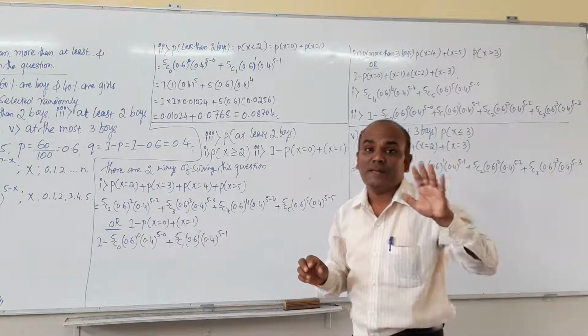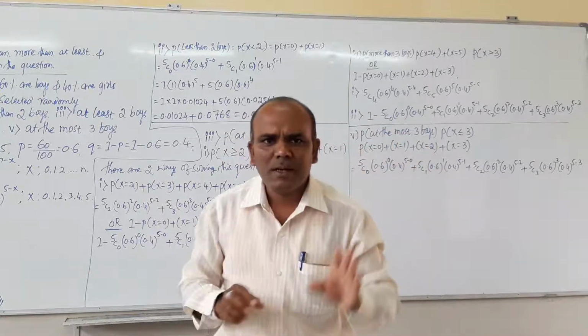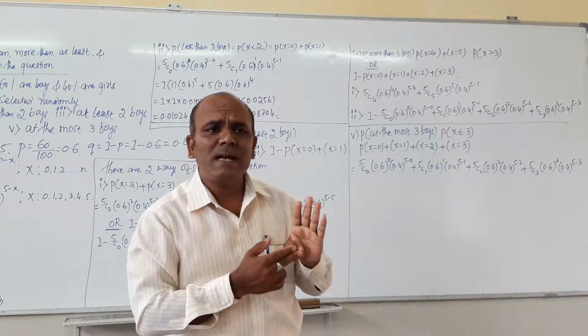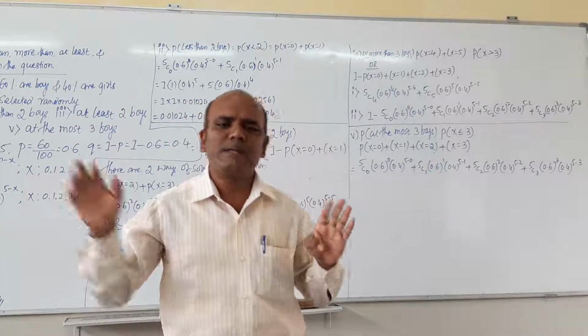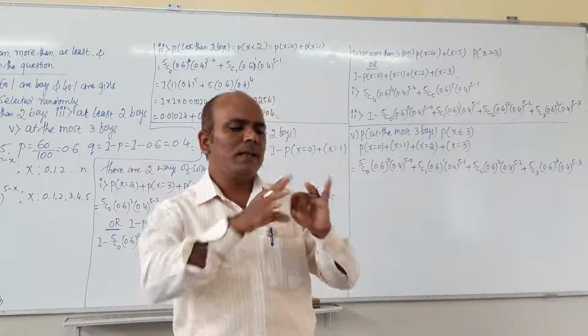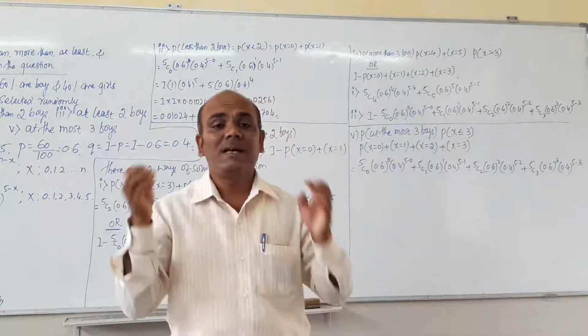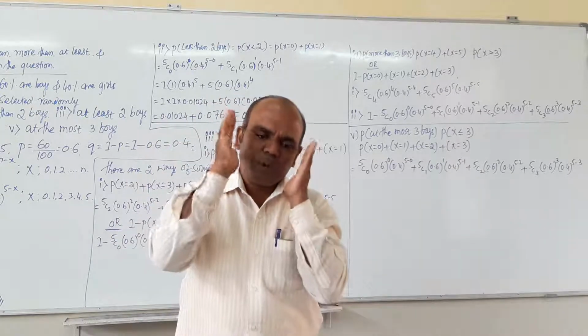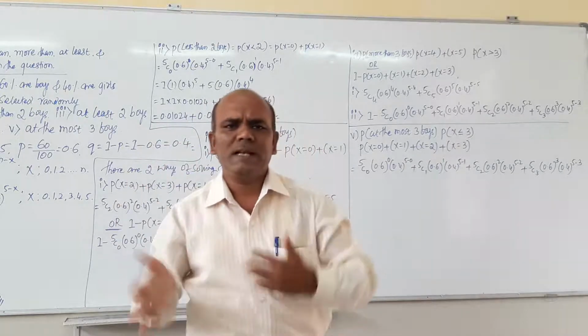So there can be 2 boys, 3 boys is also okay, 4 boys is okay, 5 boys is also okay, because at least means 2 or more than 2 is fine.